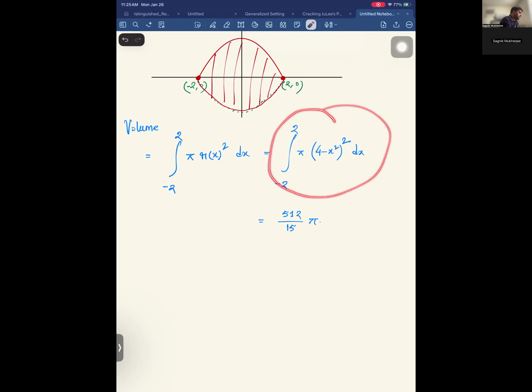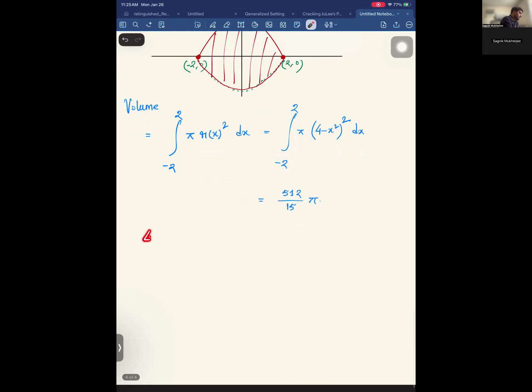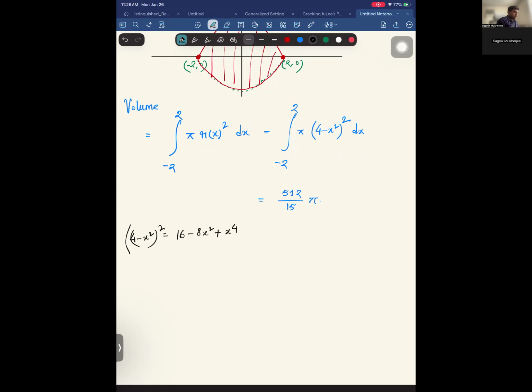So meaning that 4 minus x squared, whole squared, is, okay, let me just write it, 16 minus 8x squared plus x to the power 4. Once you have this, now I think you should be able to integrate this very easily using the very basic integral formulas.